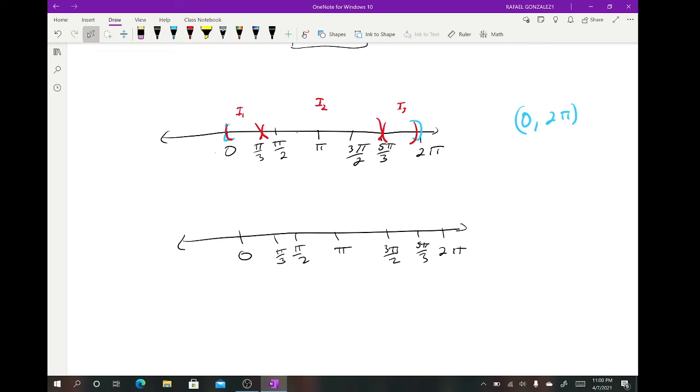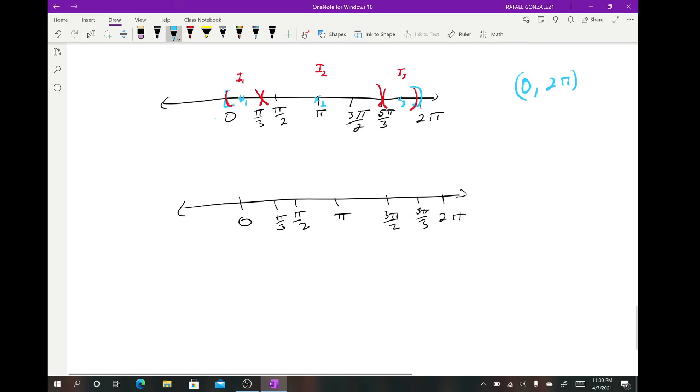Well, what I'm going to do here is find test values, and the test values have to be inside of these intervals that I called I1, I2, and I3. So I need a test value, I'm going to call it x1 here. I need a test value, call it x2 here. I'm actually just going to pick pi because it's right there in the middle. And then I need a test value here, x3.